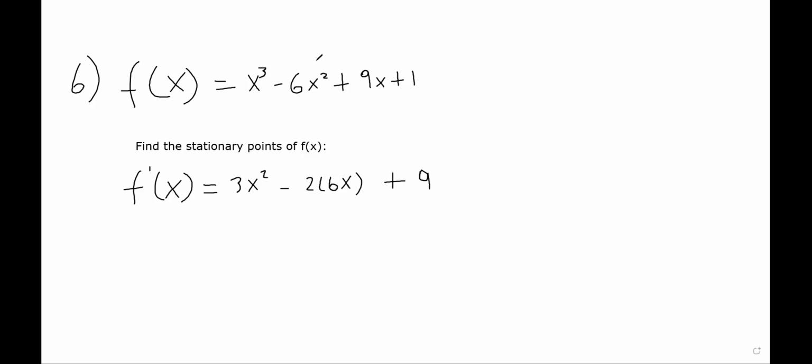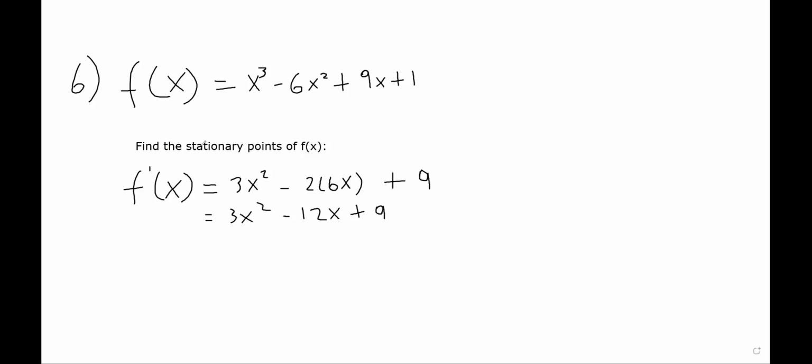So we can just simplify this. It's going to be equal to 3x squared minus 6 times 2x, which is 12x, plus 9. All right, cool. So now we have it simplified.